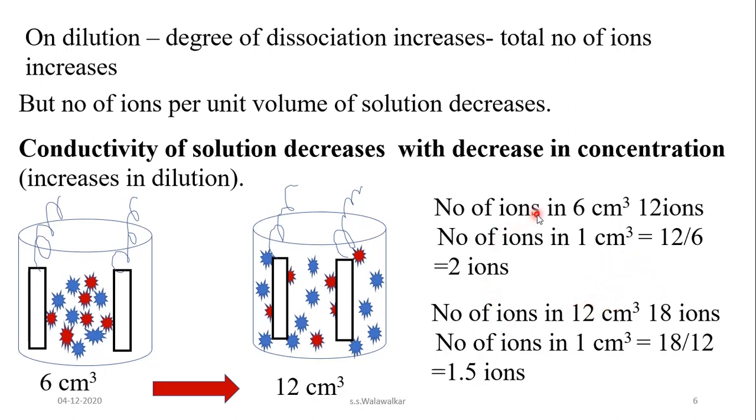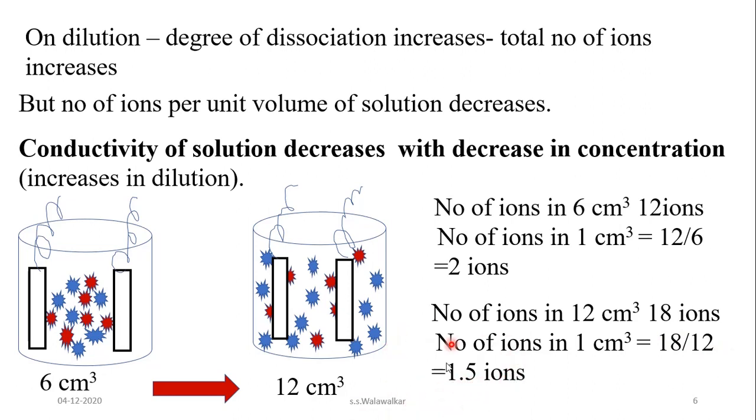As the dilution is doubled, the number of ions should double, but the number of ions in 12 centimeter cube is 18. The number of ions in 1 centimeter cube is 18 divided by 12, that is 1.5 ions.